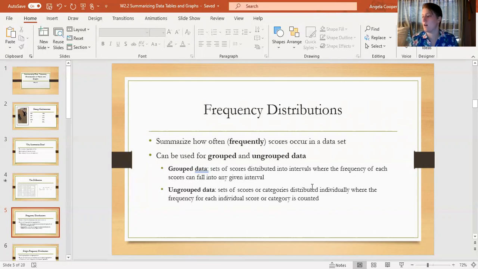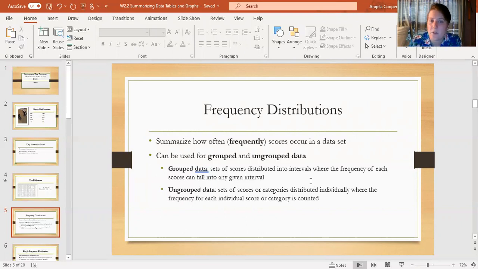That's 1, 2, 3, 4, 5, 6, 7, 8. Each frequency is just referring to how often something is done. So if I'm taking a tally of how many times you check your phone in a day, that would be a frequency score of, oh, you checked your phone 71 times in a given day, or what have you.